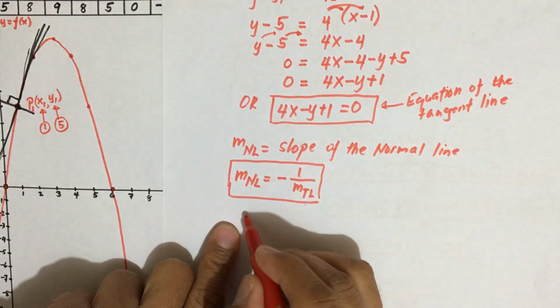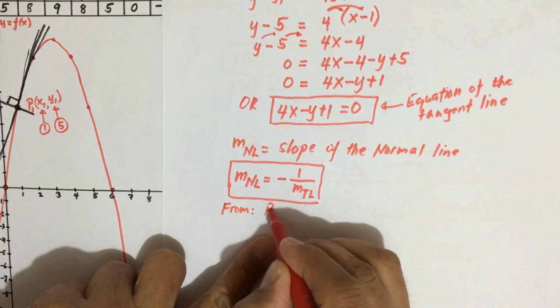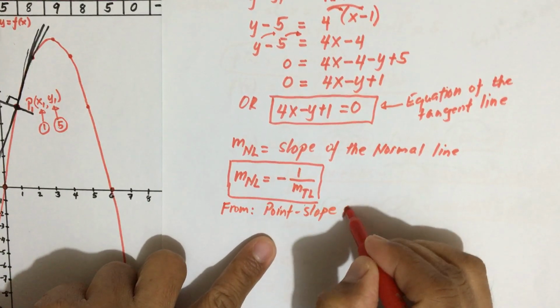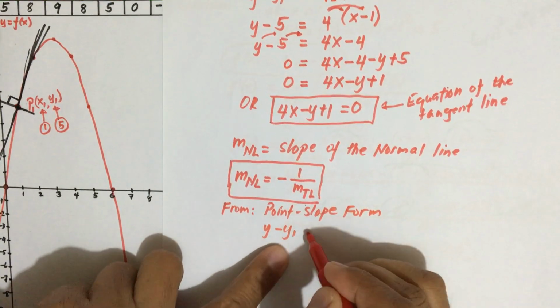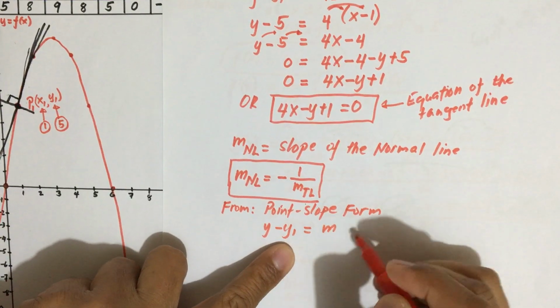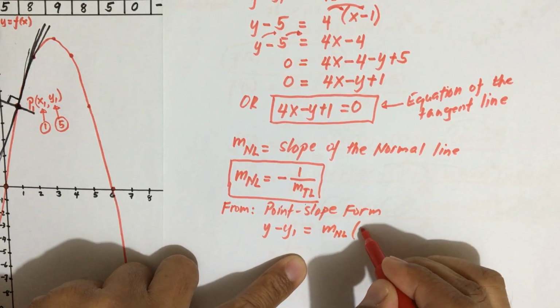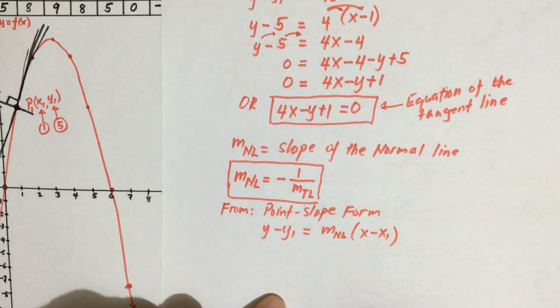So you can also use the point slope form. So from point slope form, we have y minus y1 equal to m, and this time we have m of the normal line times x minus x1. Okay?